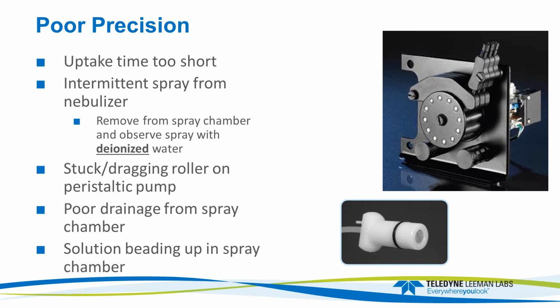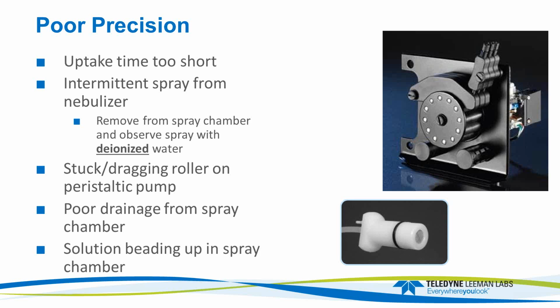Another source of precision problems is poor drainage from the spray chamber. Sometimes you just look at the drain and you'll see, as it's draining, for some reason the buildup of solution down by the drain sort of bounces a little bit. Well, that affects the back pressure, and that may affect your precision.